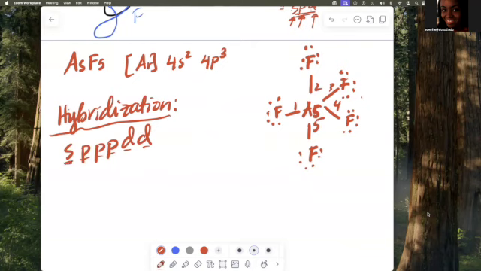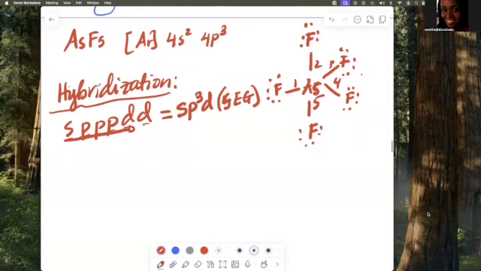So my hybridization uses 1 s, 3 of the p's, and 1 d, which goes with 5 electron groups. I have to mix the 1 s orbital, 3 p orbitals, and 1 d.